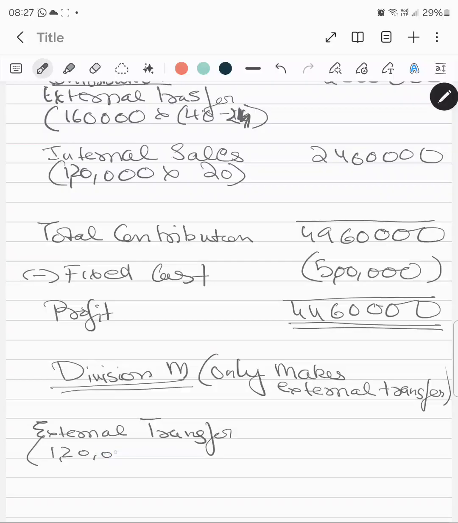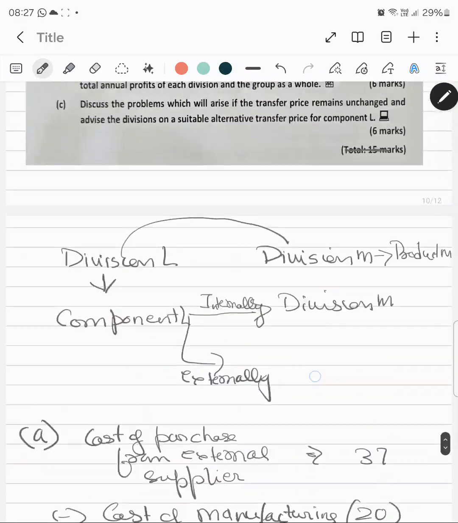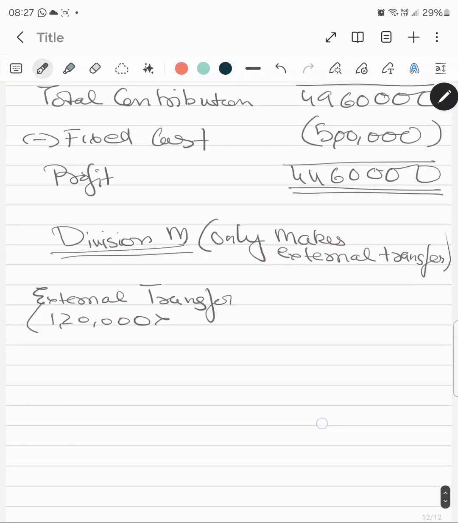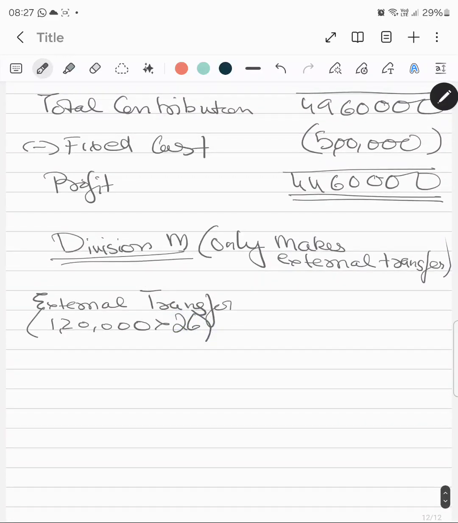What is the variable cost for them? It has been given to us, so we can take the contribution directly, 26, because the variable cost is 40 plus 17 plus 9 plus 3 plus 1, and we subtract it from 96, and it will give you 26. So let's use this.